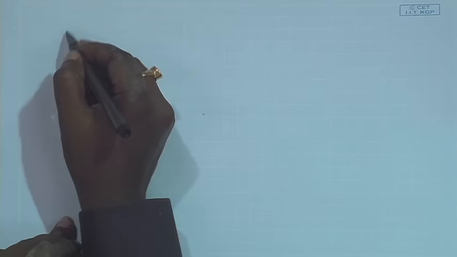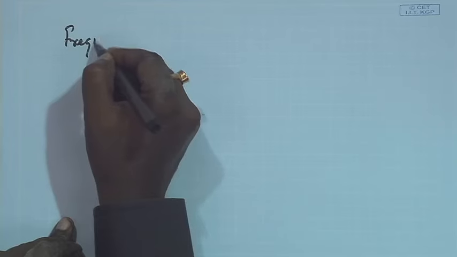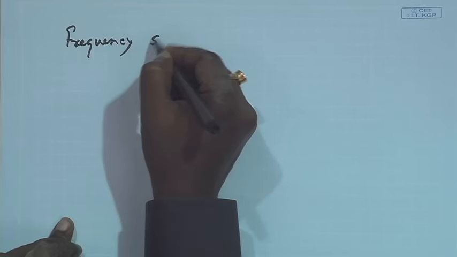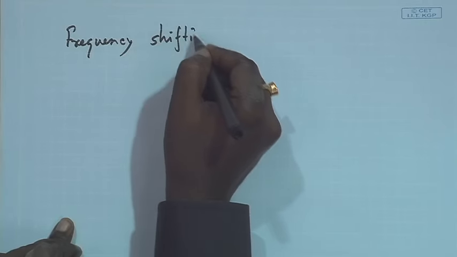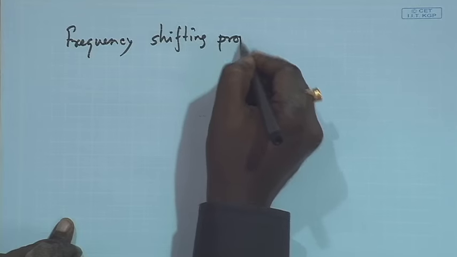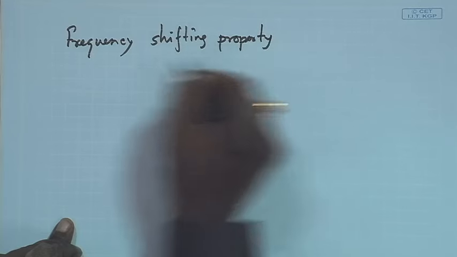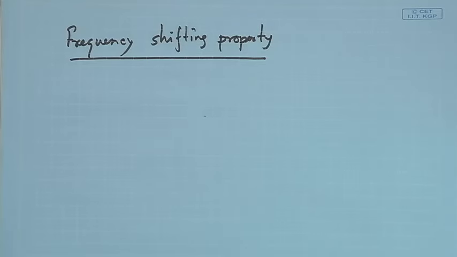Okay. So, this is again another important property. Now, the one we will be describing, probably that is the most important property of the Fourier transform, which has been used heavily for communication. This is called the frequency shifting property. What is it?